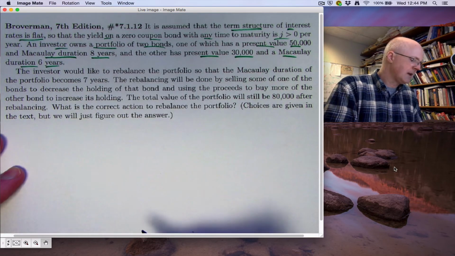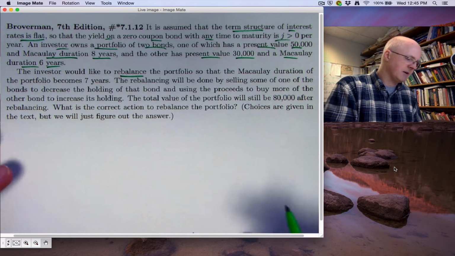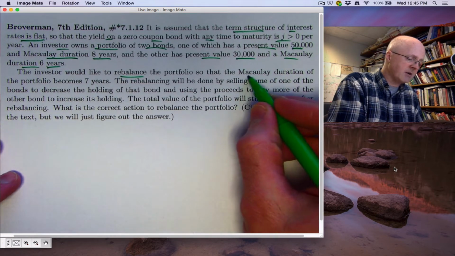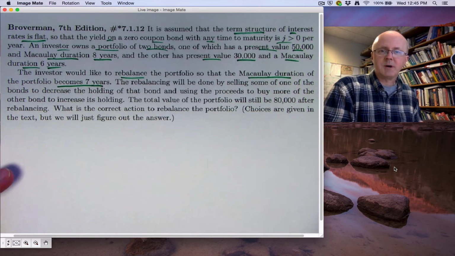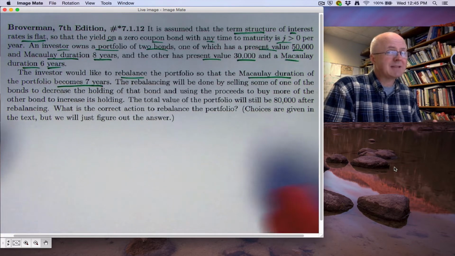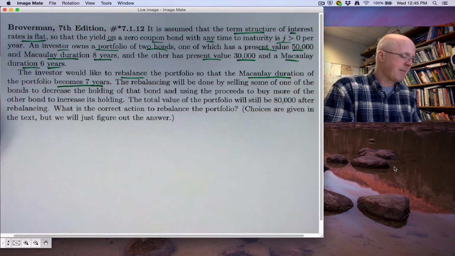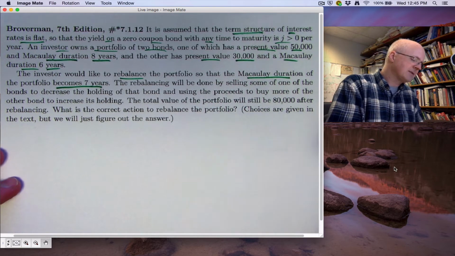The investor would like to rebalance the portfolio, switch things around, to change the Macaulay duration so that it becomes 7 years. Now, we don't know what the Macaulay duration of the current portfolio is. That's not told to us, but evidently it's not exactly 7 years. It should make sense that it's between 6 and 8. How is this rebalancing done?